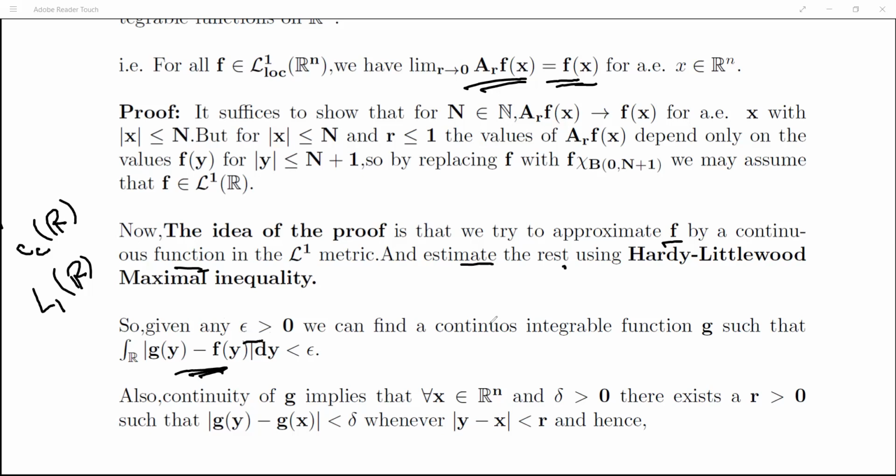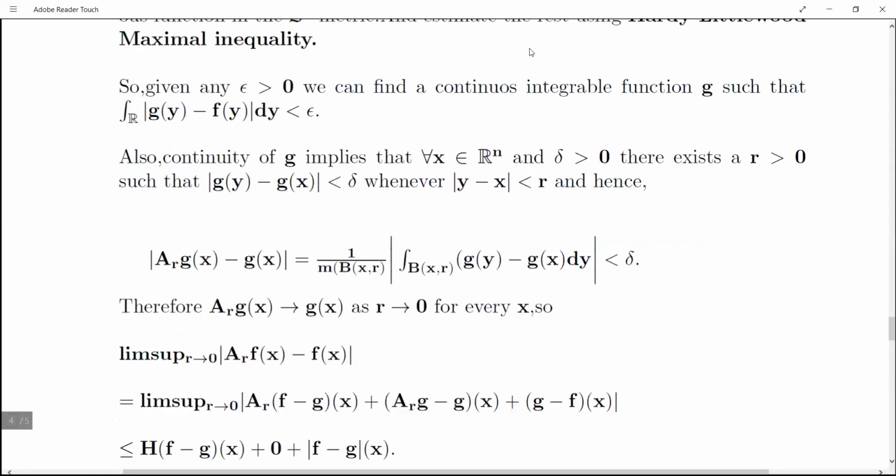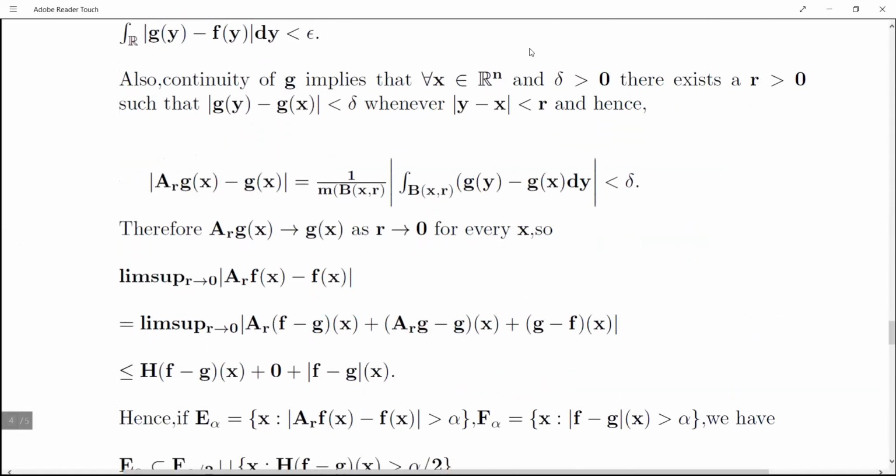So given any positive epsilon, we can find a continuous integrable function g such that the integral of |g minus f| is less than epsilon. Okay. And then use the continuity of g. If you take r tends to 0, then A_r g(x) will tend to g(x) because g is continuous.